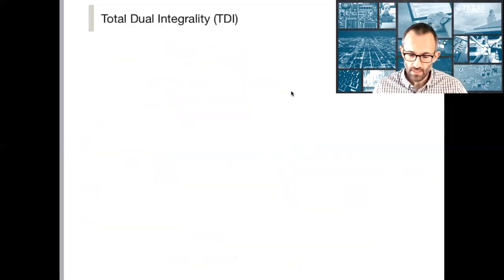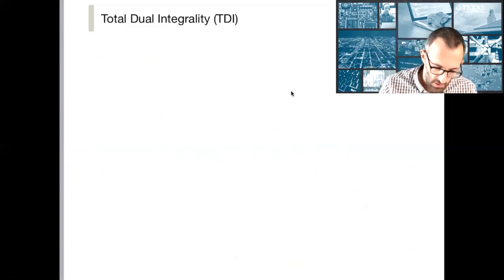So this is basically what allows us to define total dual integrality. So what do we have?